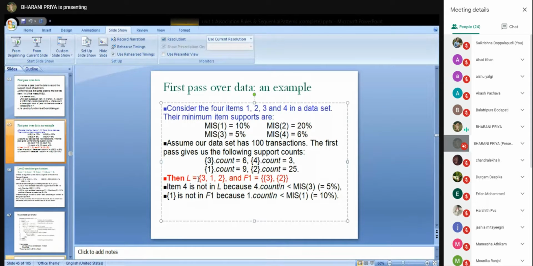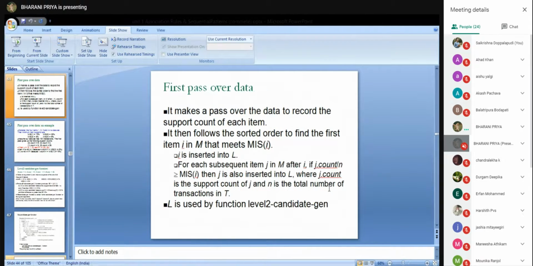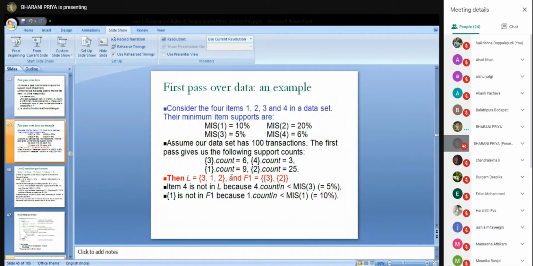Then for inserting the value into L, what is the rule? j.count/n should be greater than the MIS value of i. What is the MIS value of 3? It is 5. But according to the rule, this j count should be greater than MIS of 3, but here it is less. That's why we have not included it in L.